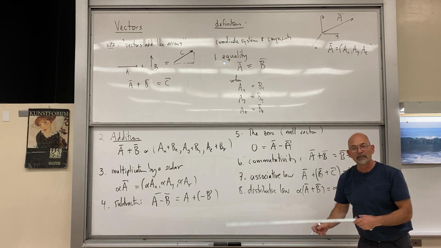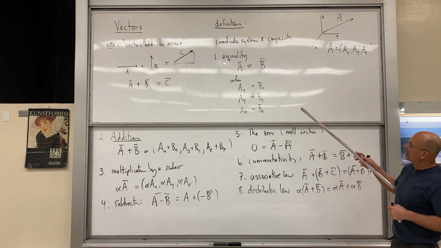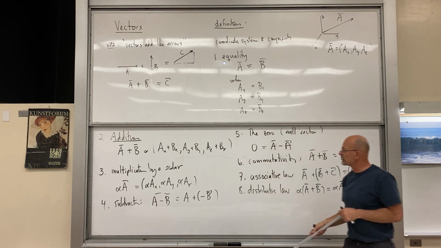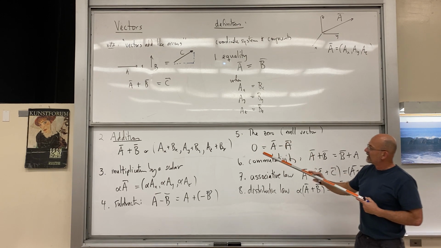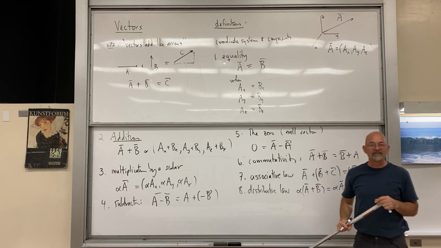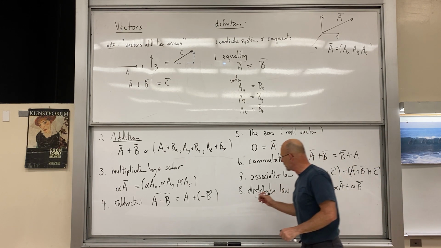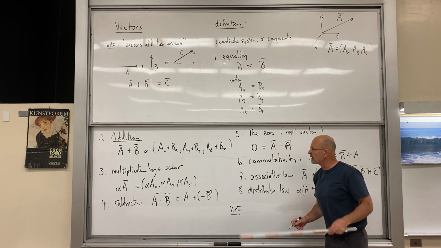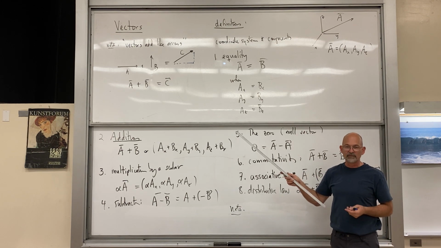Okay, so those are just your basic arithmetic laws, but it turns out that with these 8 definitions, you can take any mathematical object, and if it satisfies these 8 conditions, you can call it a vector. So the first thing we could do is extend the definition to objects with more than 3 components, and less than 3 for that matter as well.